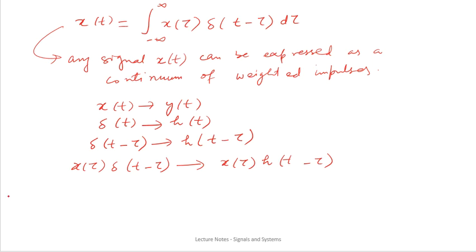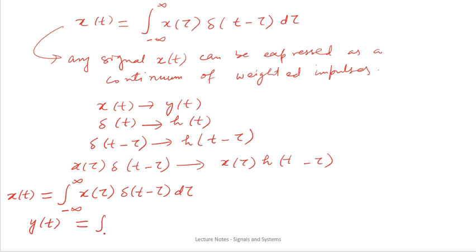So if your input x(t) is in terms of weighted impulses, then for the system to be linear and time invariant, the output should be evaluated in this manner, where this h(t minus tau) will be the impulse response.